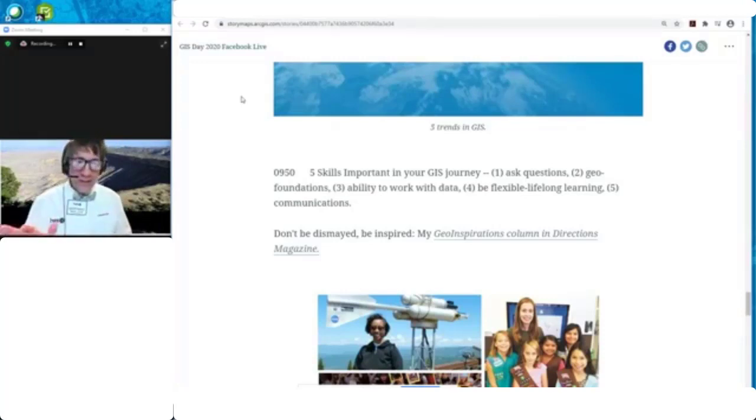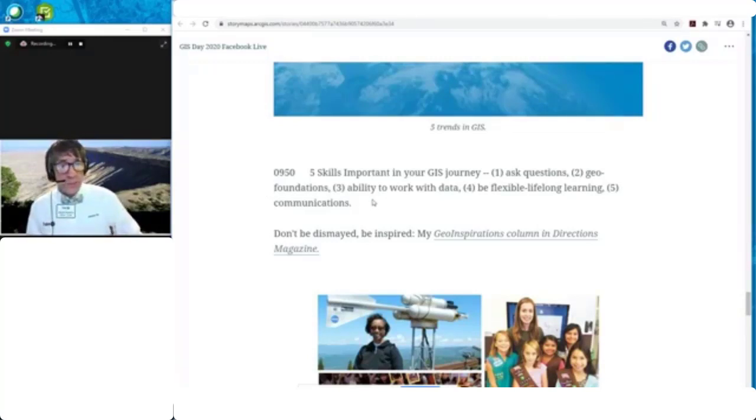You don't need to write your master's thesis in there, but you need to explain where you got the data from, just like a term paper that you write, for those of you in school, where you got it, your sources, etc. If you're going to share that data that other people could use to make an informed decision, you want to have as much information as possible so that they can make that truly informed decision. But being able to work with data goes beyond GIS. It goes into many professions, but I think it's very important in the geospatial world.